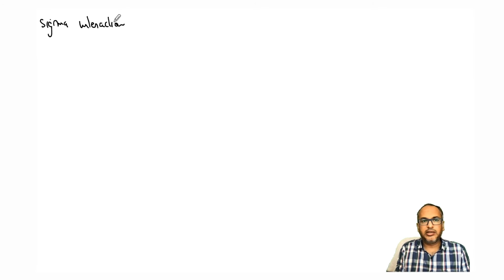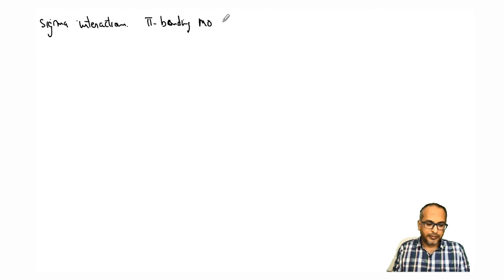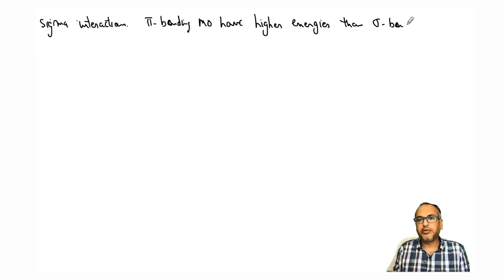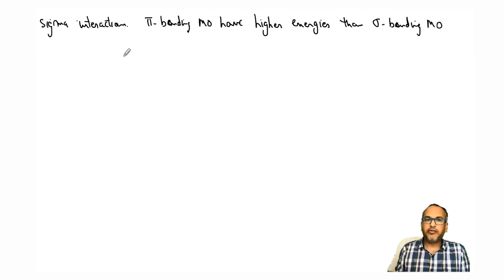So if the interaction is less effective, that means the stabilization energy will also be less. So that would mean that pi bonding MOs have higher energies than sigma bonding MOs, even if they are formed from the same atomic orbitals.